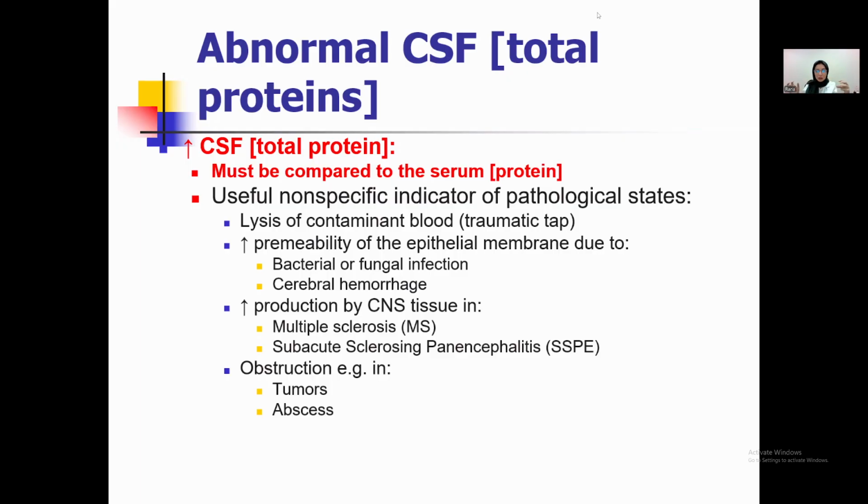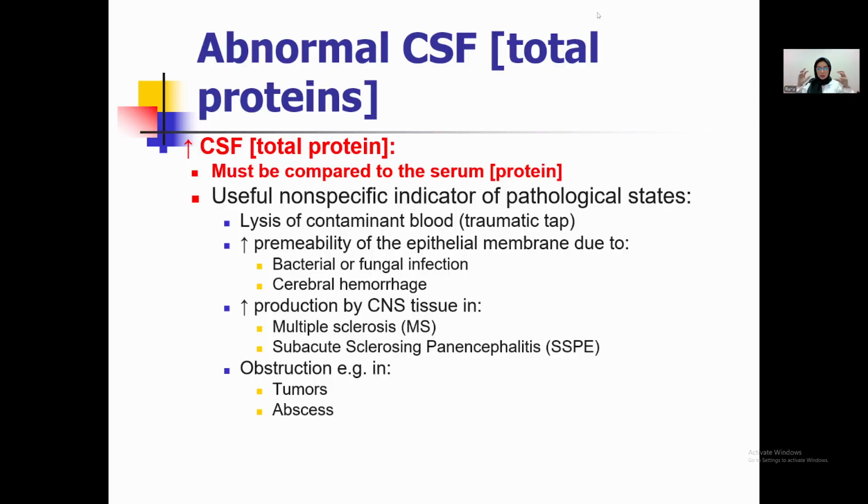So we have three different mechanisms. Increased entrance of protein to the CSF due to increased permeability of the epithelial membrane, like in bacterial or fungal infection or cerebral hemorrhage, or there is local synthesis like in multiple sclerosis, and we'll talk about it now in detail, or what we call subacute sclerosing encephalitis, another autoimmune disease, usually less common than multiple sclerosis, or there is something preventing this protein from going out, like tumors or abscess.